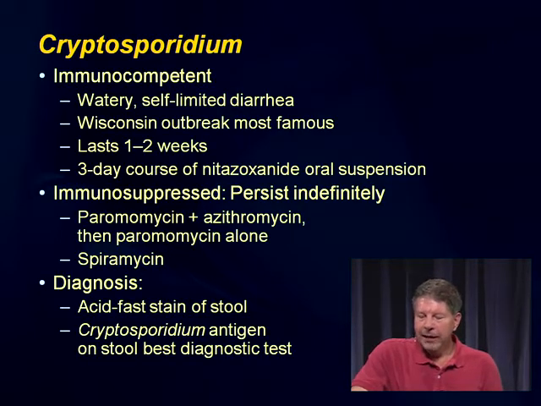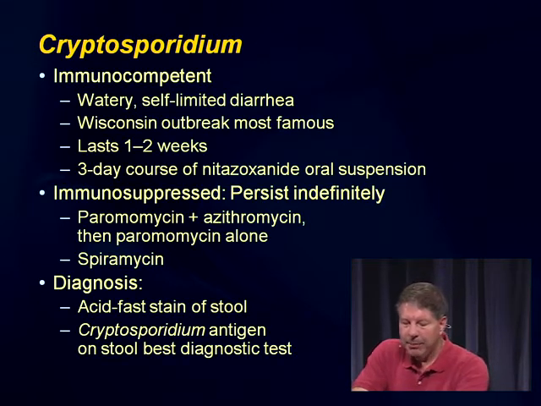And if you want, you can treat them with a 3-day course of this oral suspension. Most times you can just leave them alone. They'll get better. But now we have this newer drug that's a suspension, so we can use it in pediatrics, and it works pretty well. If they're immunosuppressed, so it's an HIV kid or a kid who's got an immune deficiency, then you're probably going to have to treat, because they're going to have persistent disease, and the recommendations are these drugs, and I really would not worry about the drugs.